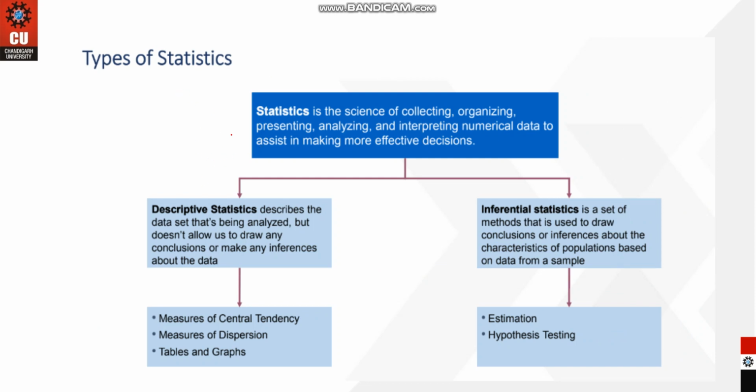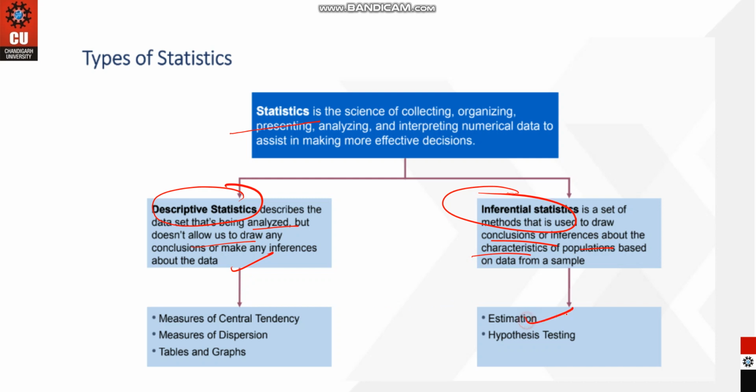Statistics is the science of collecting, organizing and presenting data. It is further divided into two types: descriptive and inferential statistics. Descriptive statistics simply describes something that is being analyzed but doesn't allow us to draw any conclusions. Inferential statistics is a set of methods used to draw conclusions or inferences about characteristics of a population.